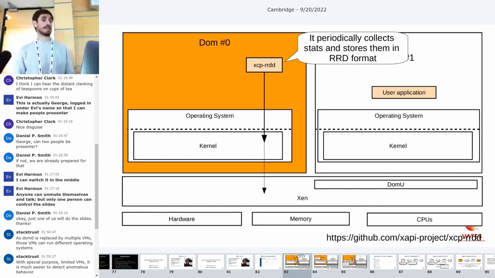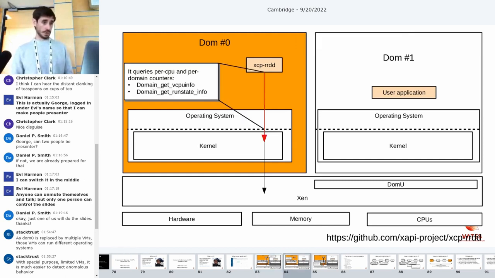In xcp-rrdd, we have a tool in Dom0 that periodically collects stats and stores them in an RRD format. Some of the information this tool gets is, for example, the VCPU info and the run state info.